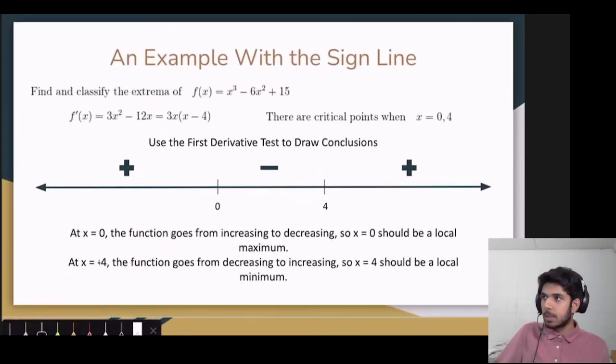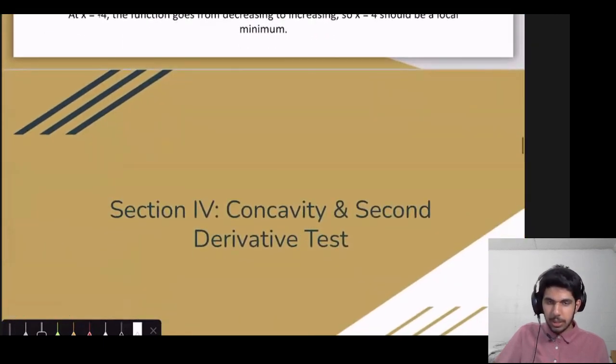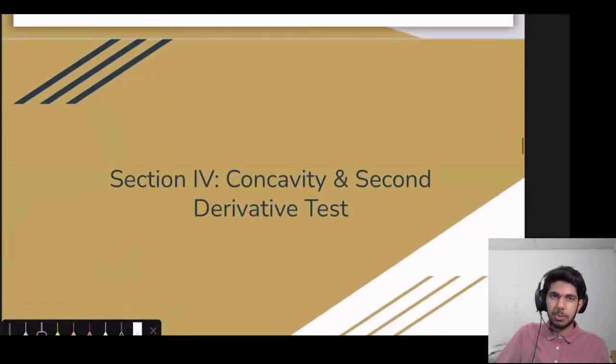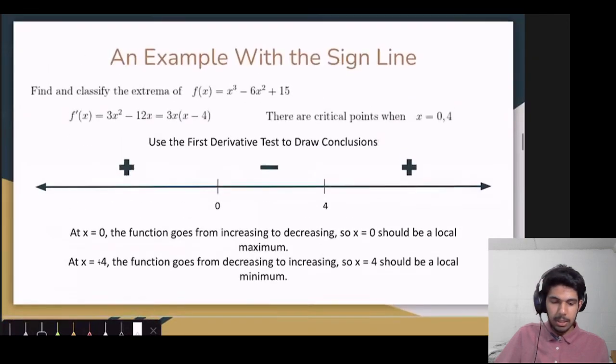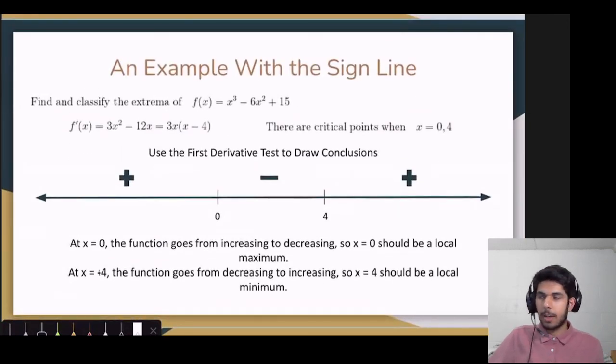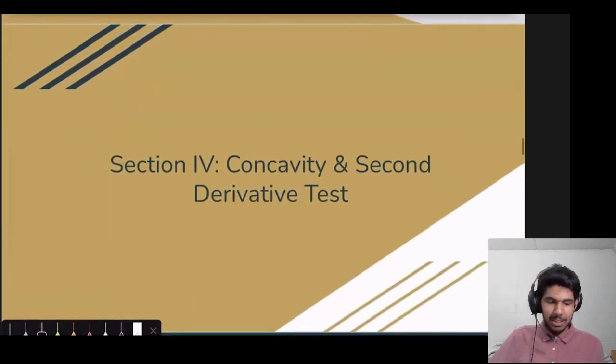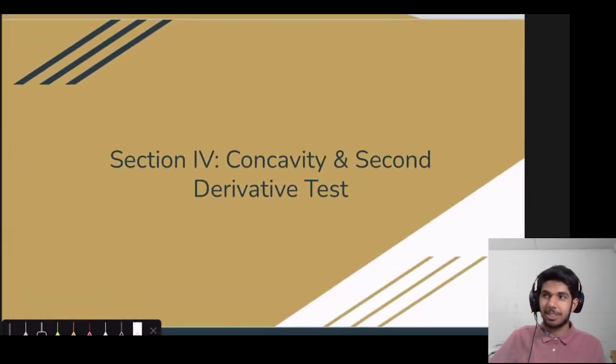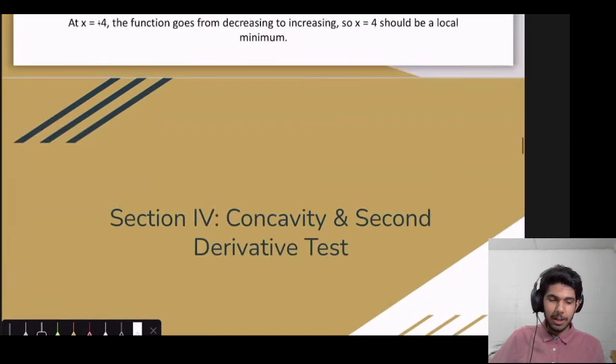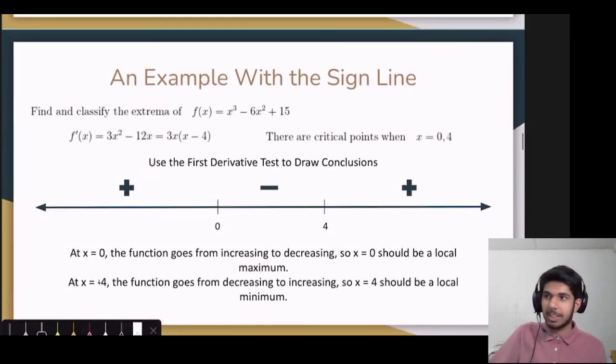So I don't think we'll jump into this yet. I think we'll stop here for the day, and we'll continue with concavity and the second derivative test next time. So we've learned quite a lot today.